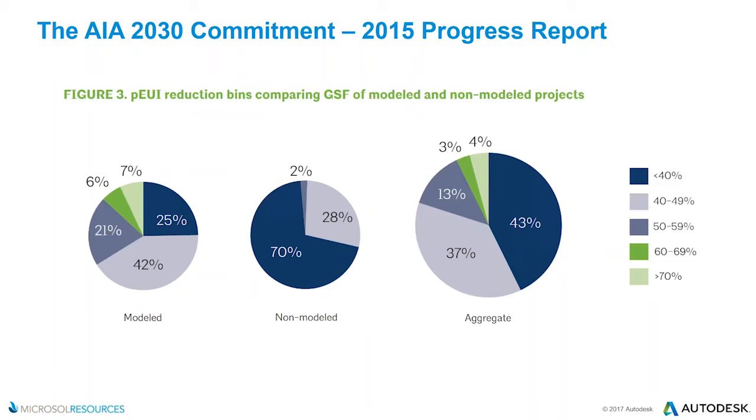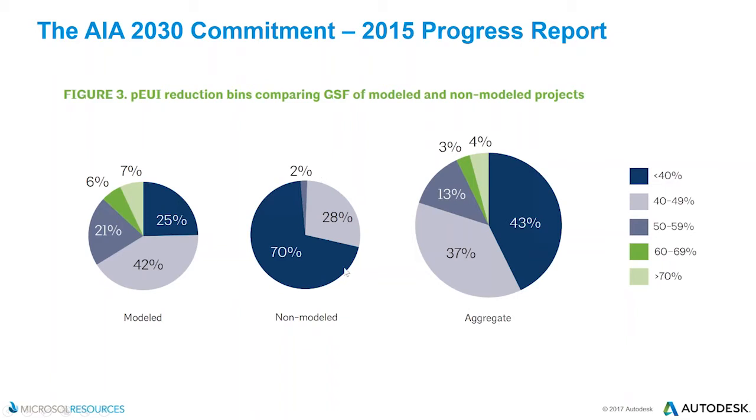The other key takeaway in the report, and this is a consistent finding year on year, is the difference in project performance that's observed when projects have an energy model created or not. And what you can see here, if you look at the legend for percentage improvement above the baseline, is that there are no projects achieving even the top 2 tiers that are not being modeled.